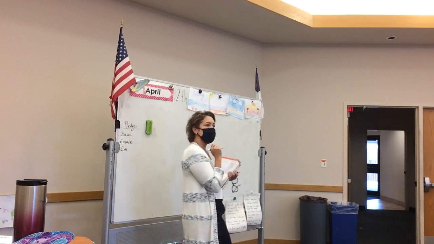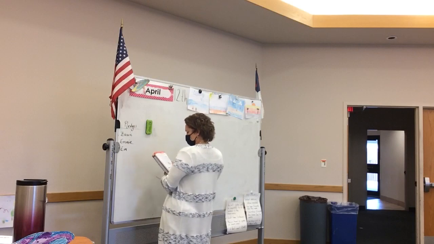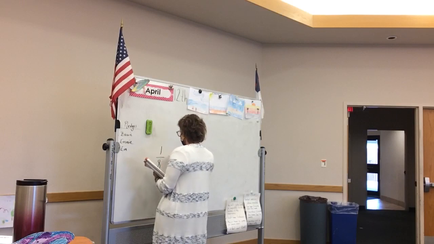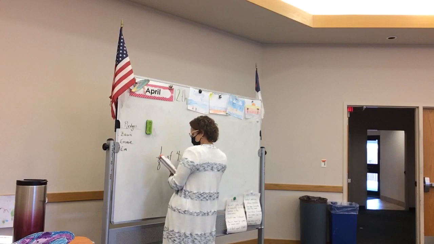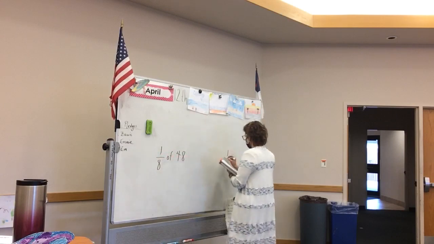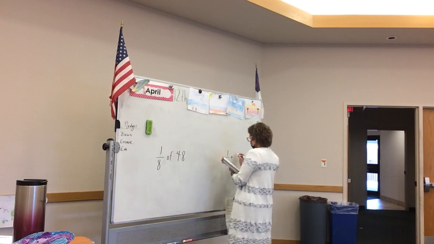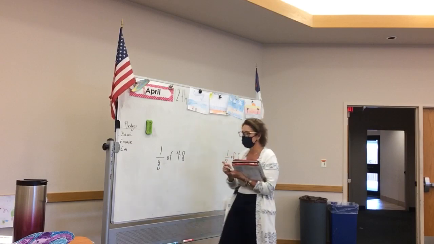Would anyone like to come up? I will write them, and you can come up and solve them. How about that? Make sure I write these correctly. And I would like for you to come up, and circle the whole number.